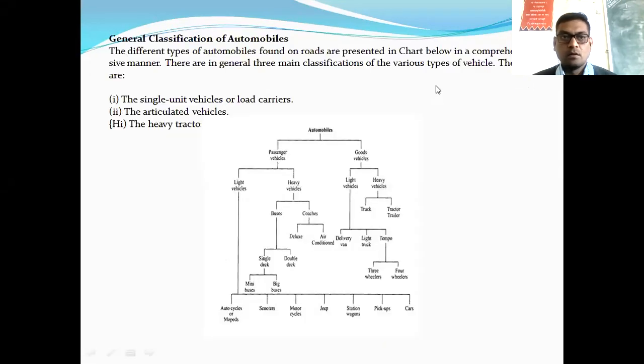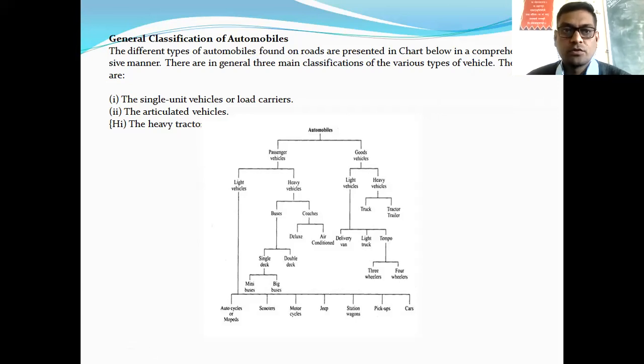This is the general classification of automobiles. The different types of automobiles generally found on the road are mentioned in the form of a chart, as you can see.